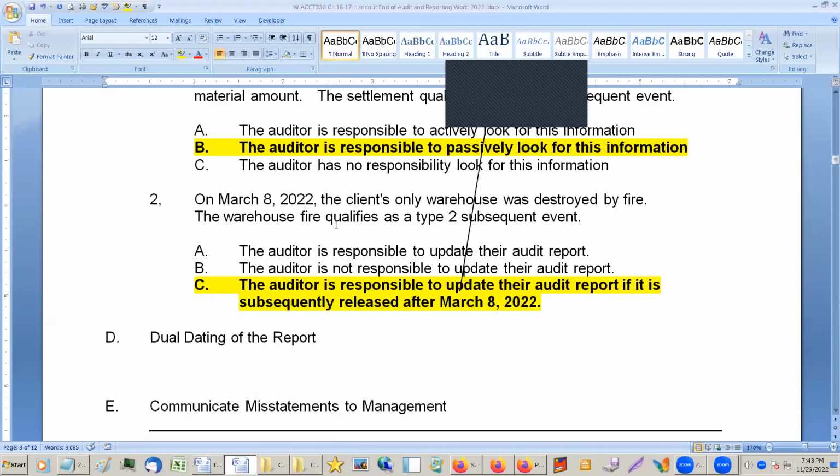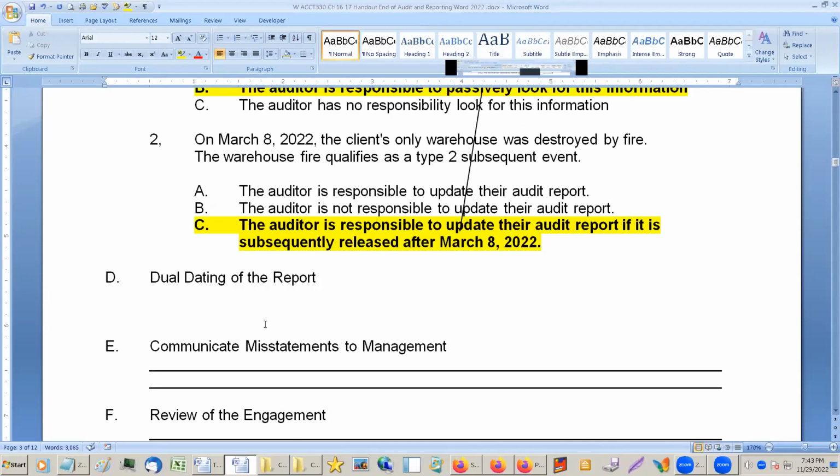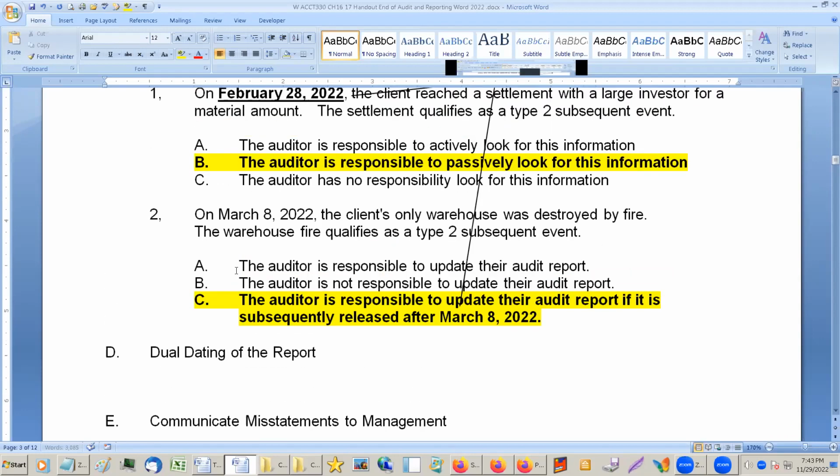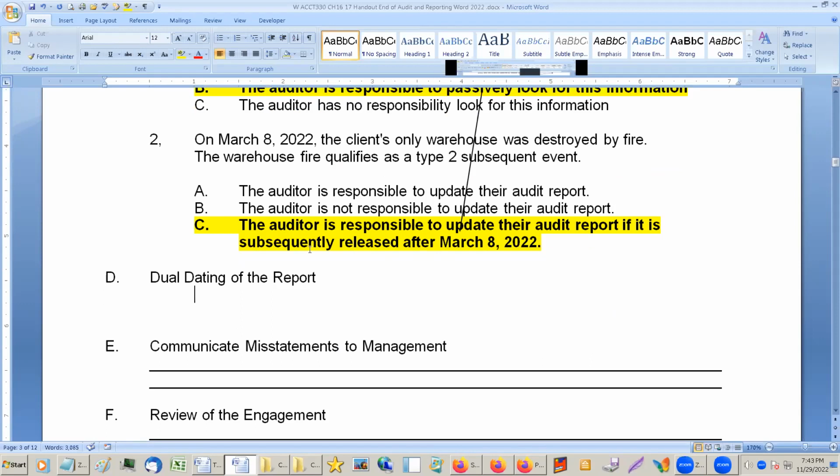So let's see what that would look like here. I'm just going to use this as the example. Dual dating.